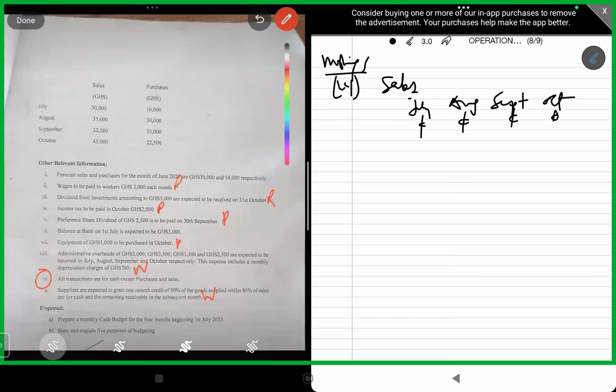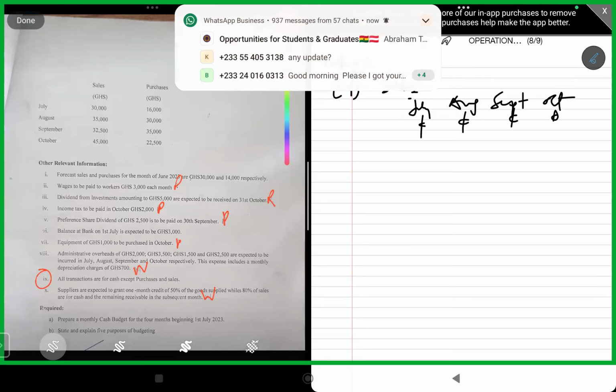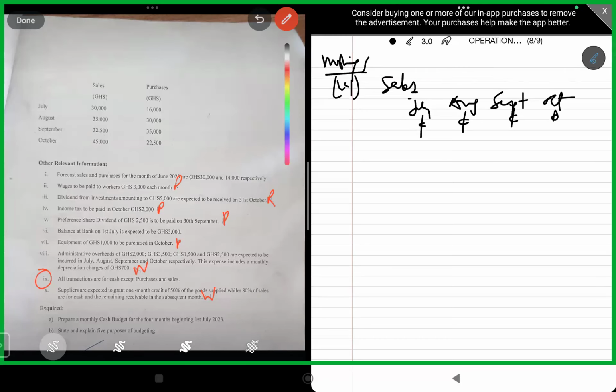So the question said, what was the July sales? July sales is 30,000. So we can say sales balance brought forward, or opening balance. So July sales was 30,000.